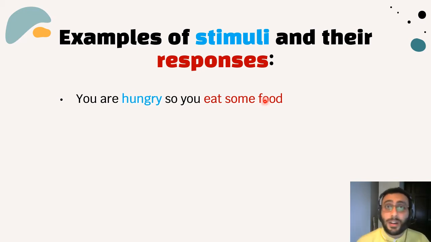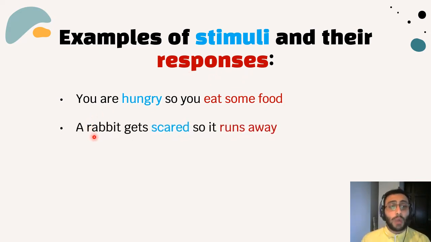You go eat something, right? You eating something is your response. Or a rabbit gets scared, so it runs away. The rabbit is scared. That is the stimulus. And it runs away. That is its response.